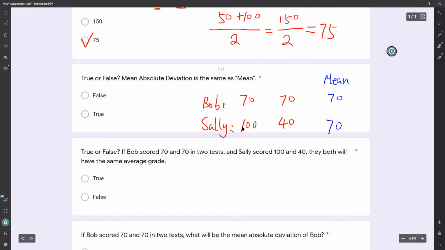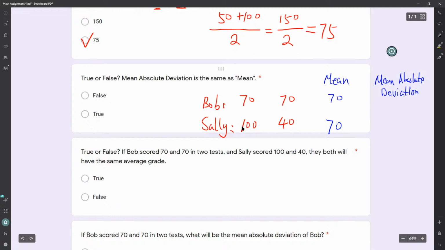So we know that Bob and Sally will receive the same average grade. Then we ask, are they performing the same? I hope you still remember that. And that involves mean absolute deviation.